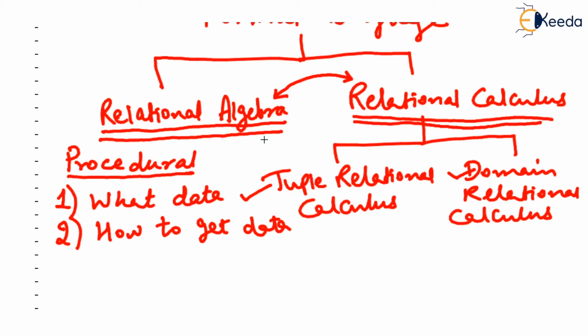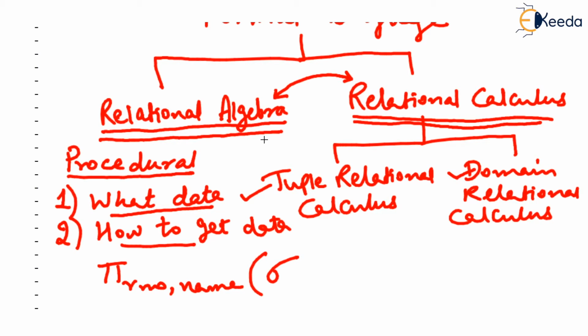So what data you want: you are supposed to show only roll number and name of the students. And how to get the data? You may say that I want only the data where the students belong to course number 100 from the relation student.